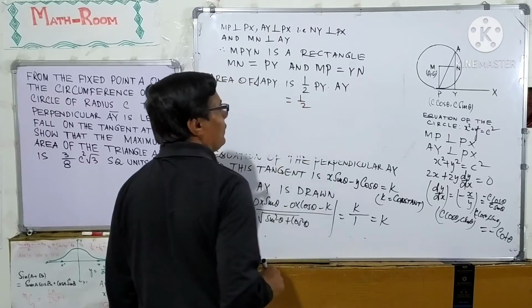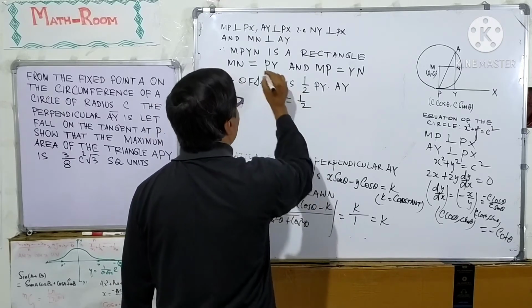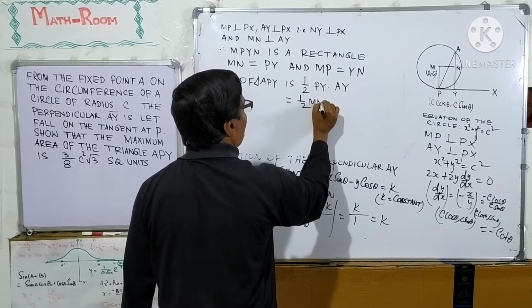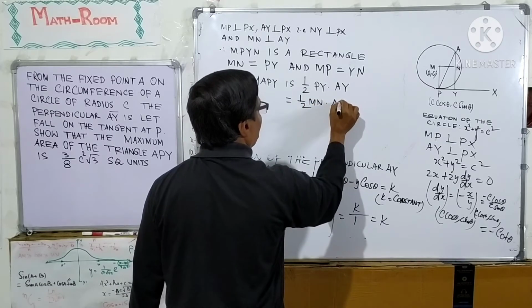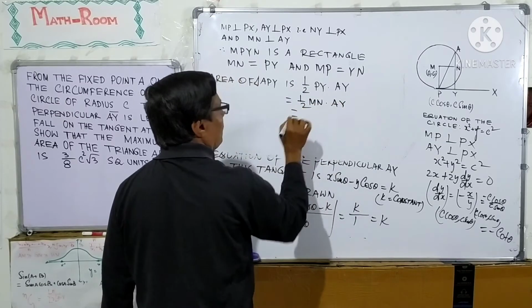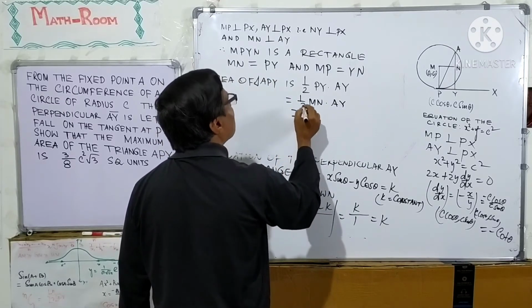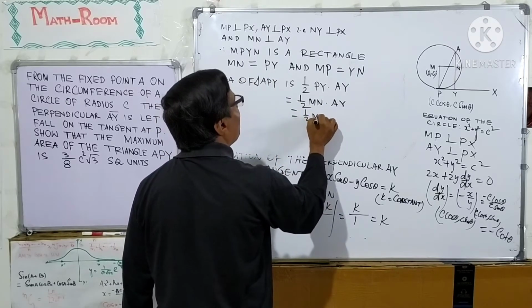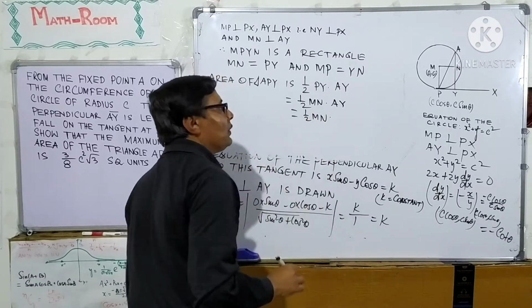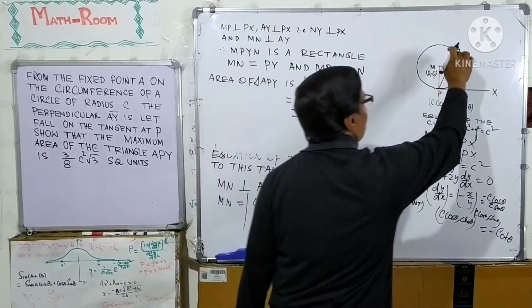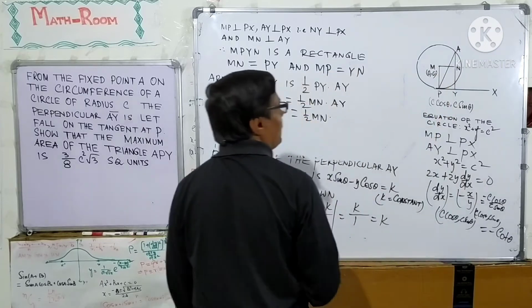So, half PY equal to MN into AY, that is half MN into AY.